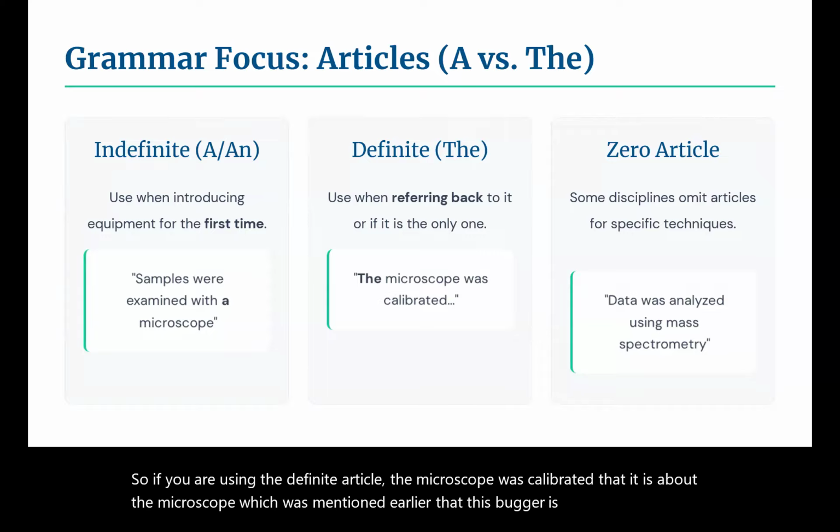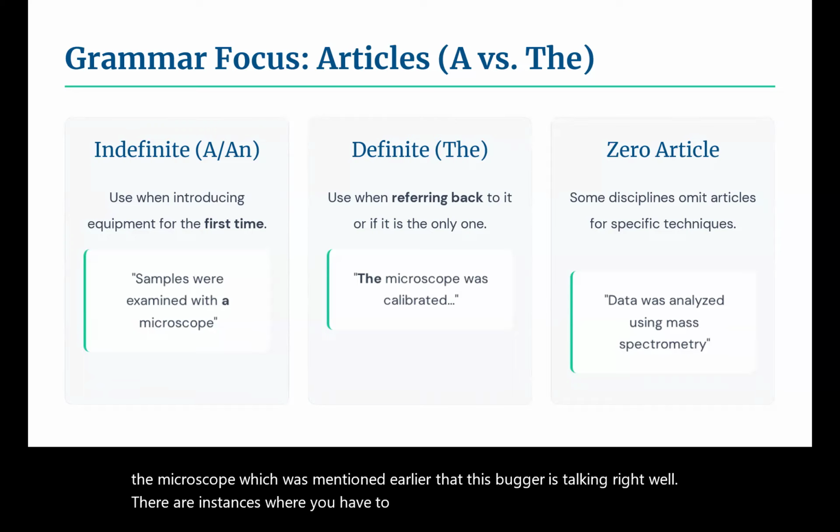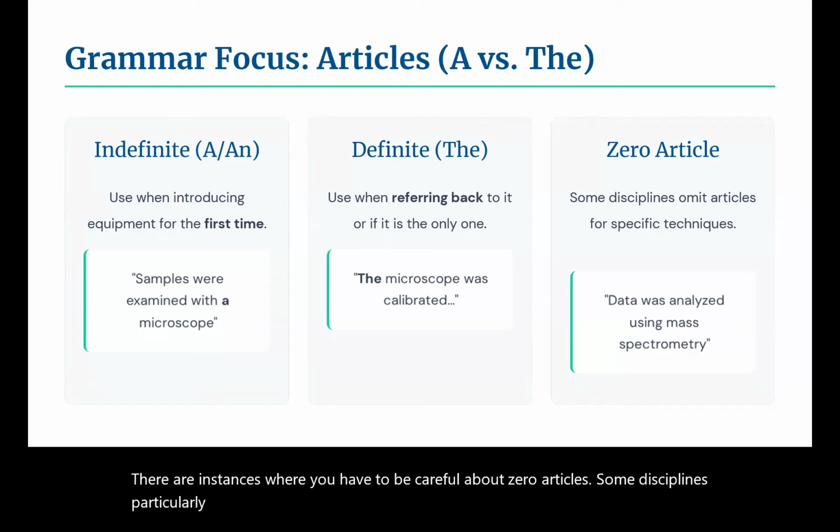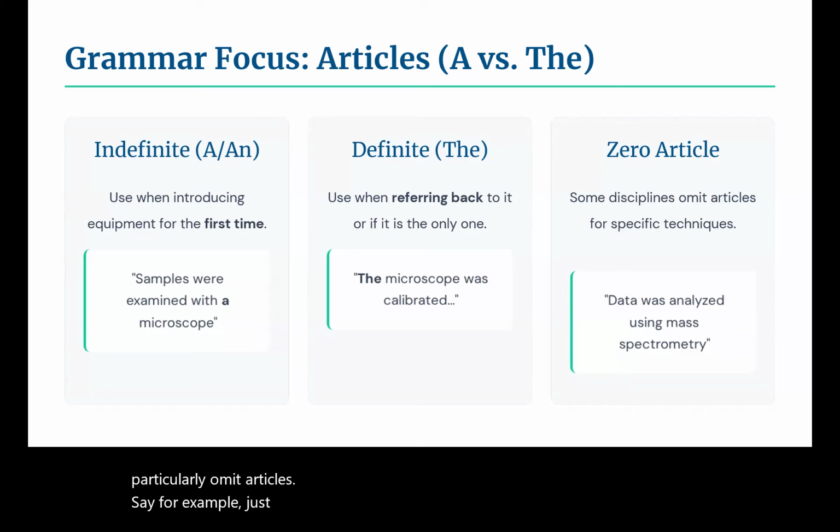Well, there are instances where you have to be careful about zero articles. Some disciplines particularly omit articles. Say, for example, if you get any non-human editor to edit your documents, you will see even University of Moratuwa comes with a definite article.